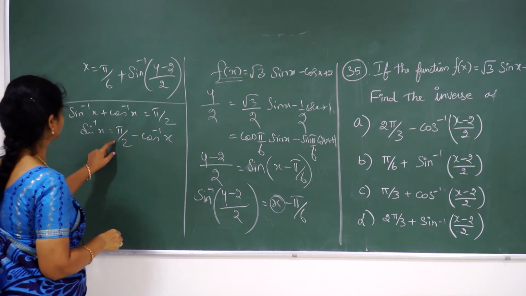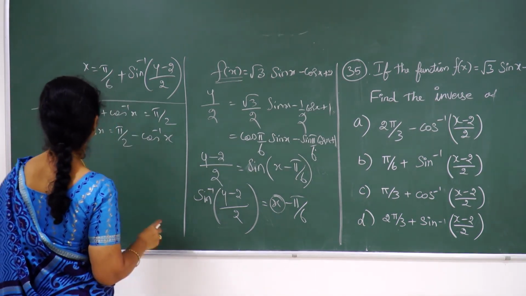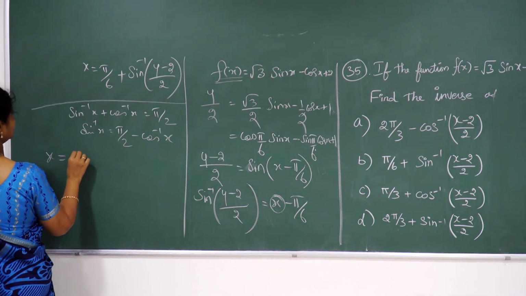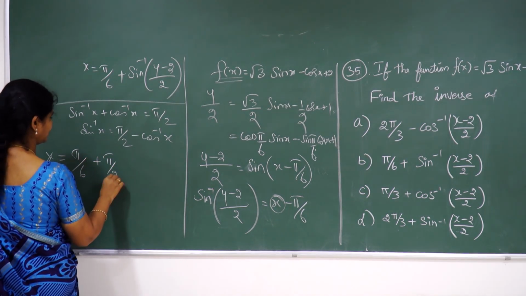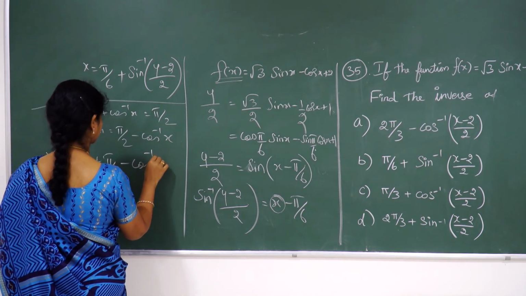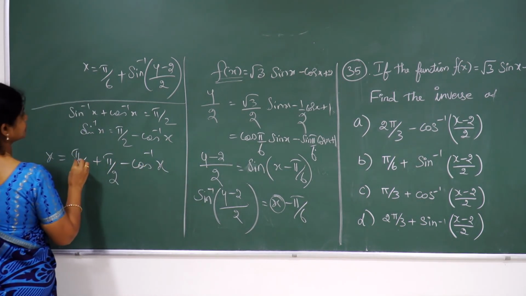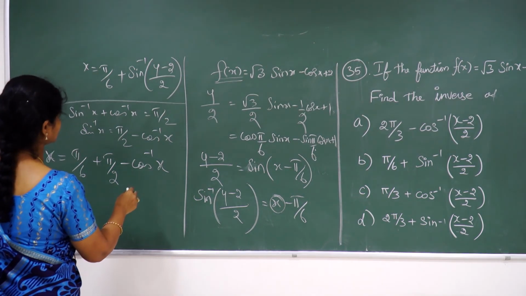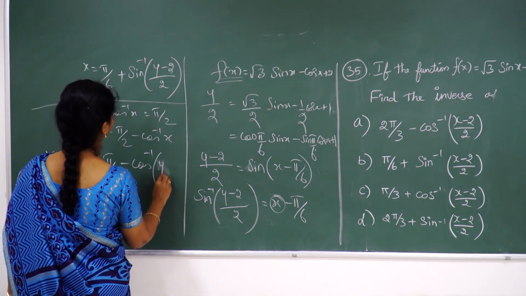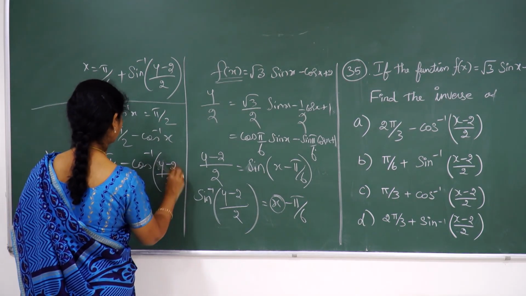So substitute this value in place of sin inverse. So now again x is equal to pi by 6 plus pi by 2 minus cos inverse of (y minus 2) by 2.